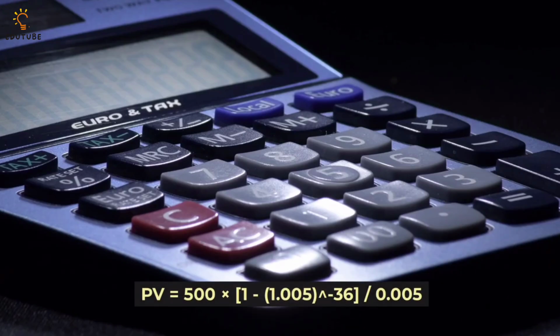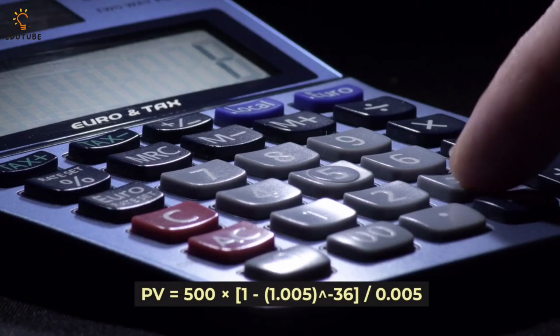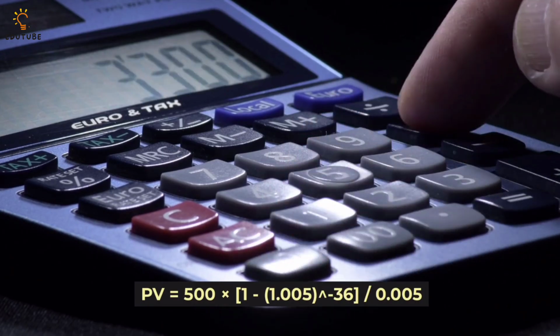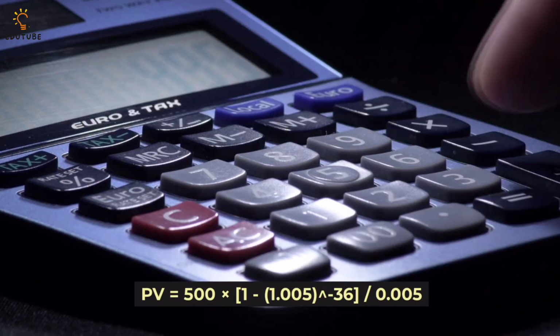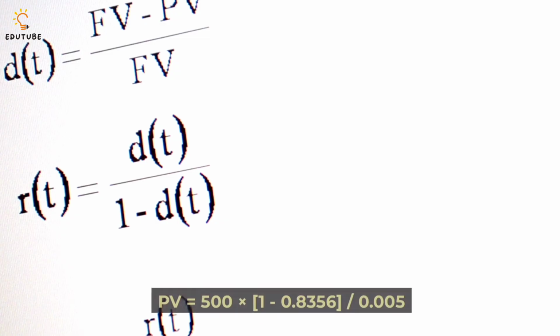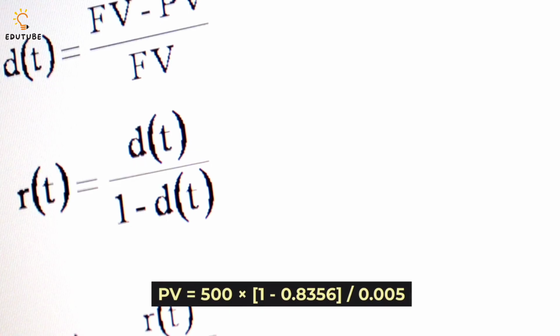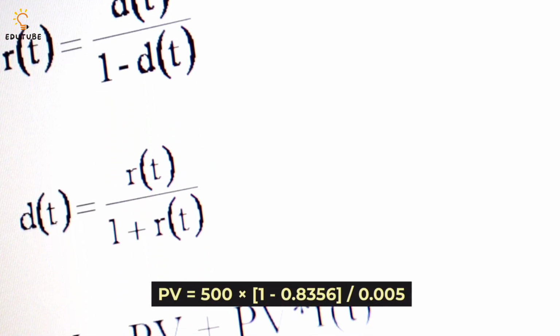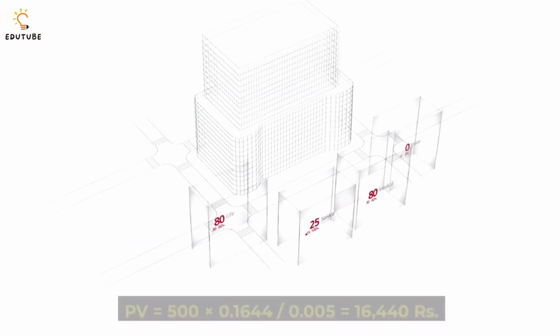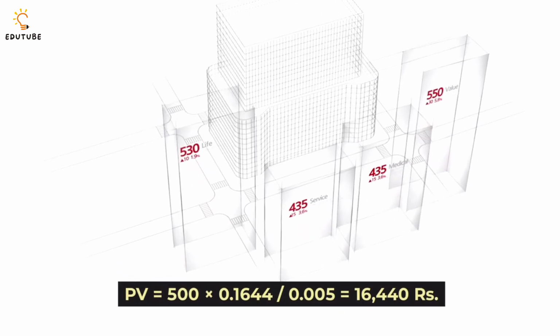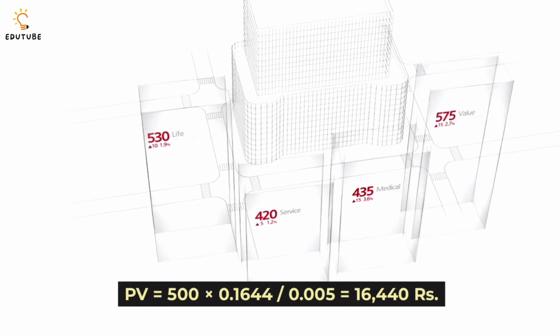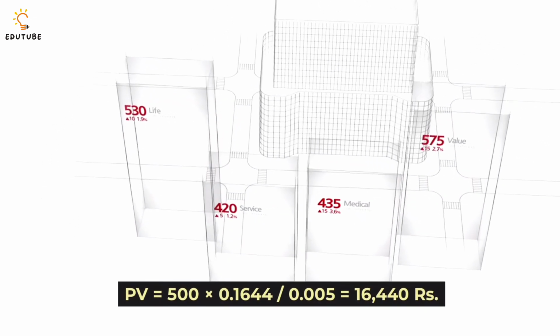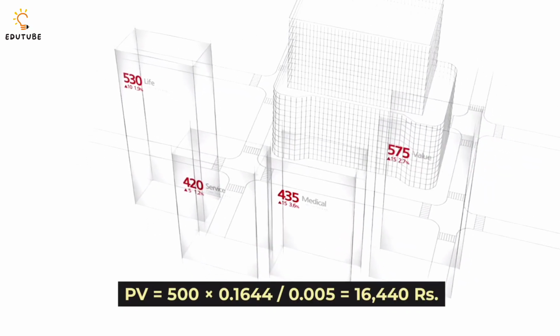PV equals 500 times (1 minus 1.005 to the power minus 36) divided by 0.005. Now calculate. PV equals 500 times (1 minus 0.8356) divided by 0.005. PV equals 500 times 0.1644 divided by 0.005 equals 16,440 Rs.